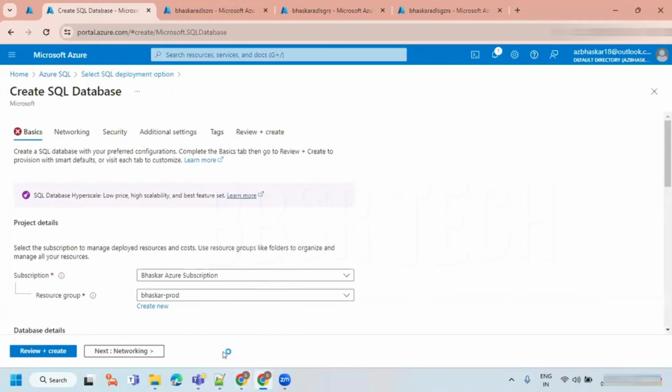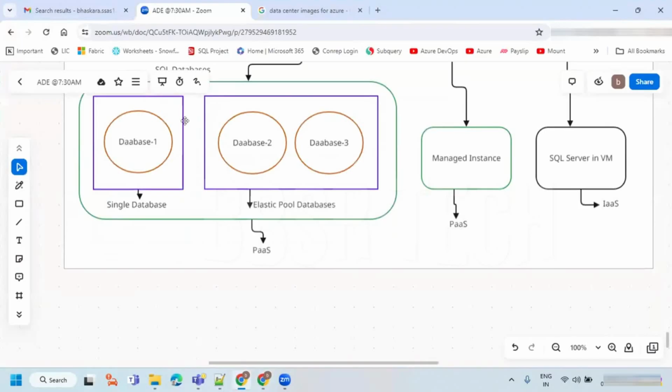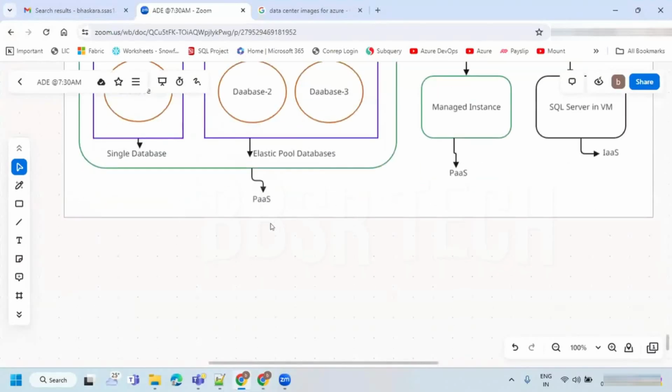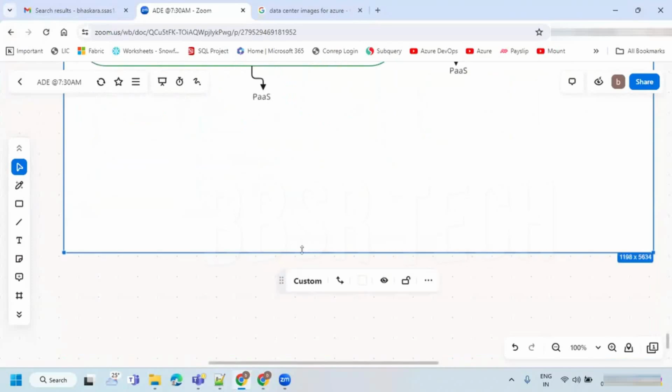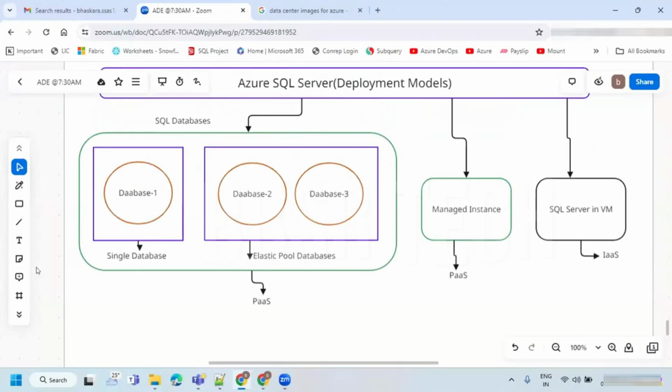I'll come back to this window, and if you want to take the data from the databases, then we have different types of purchasing models. Okay, so I'm just going to take this.